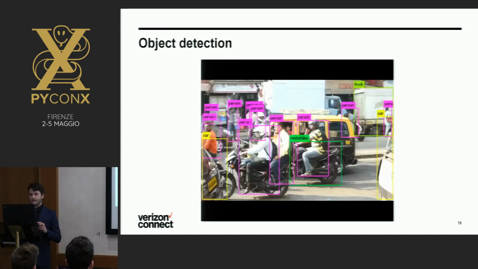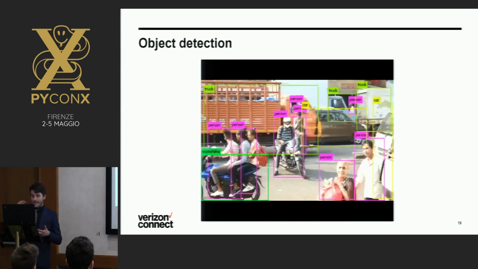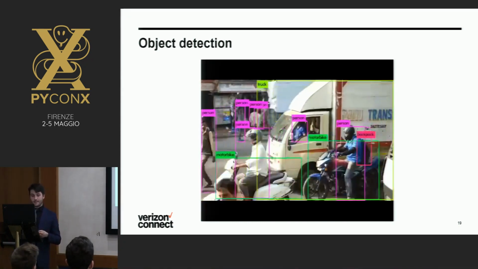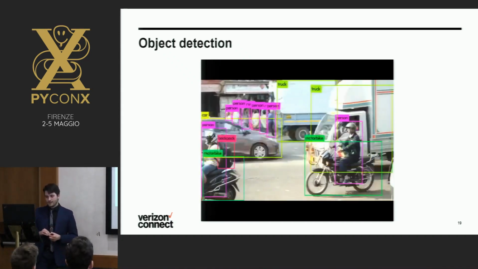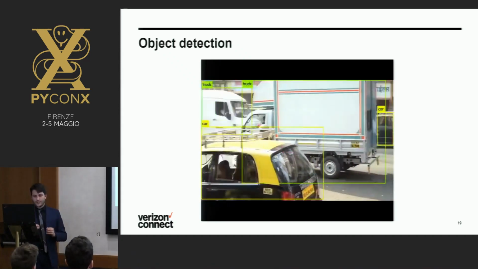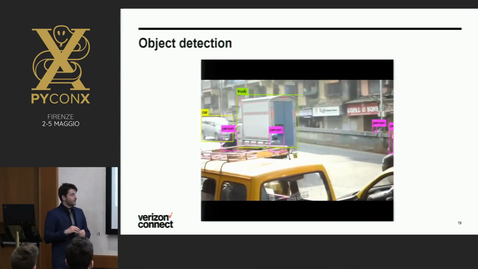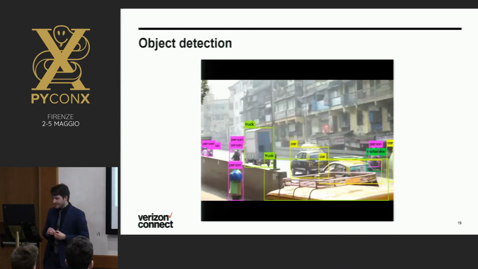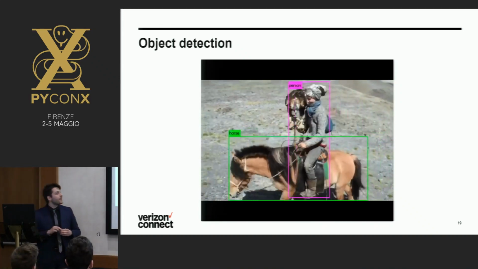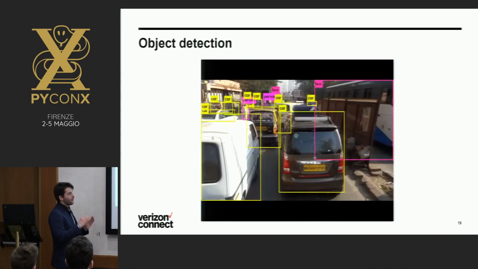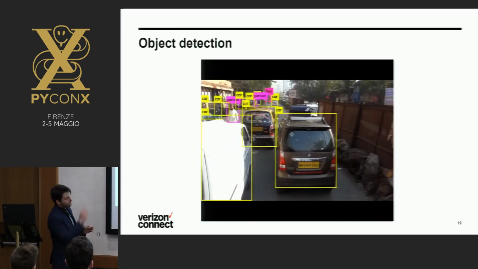As you can see, it automatically detects entities in the image and associates a label with them. We chose this algorithm because it's a good trade-off between speed and accuracy. Now, as you can see, there are a lot of labels that are actually not useful in a road scene scenario.